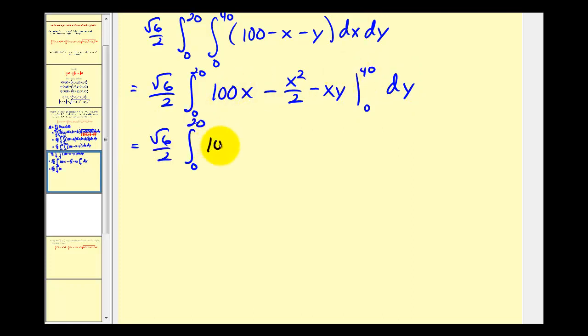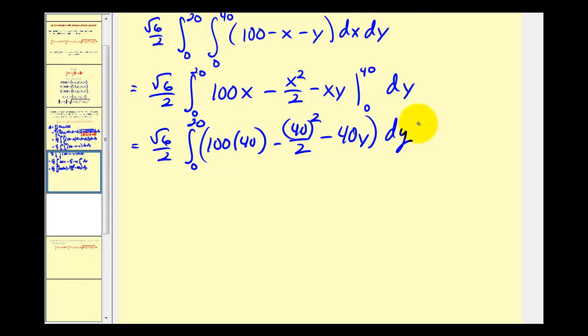So we'll have 100 times 40 minus 40 squared divided by 2 minus 40y. Well, 100 times 40, that's going to be 4,000 minus, this is going to be 1,600 divided by 2, which is 800. So 4,000 minus 800 is 3,200 minus 40y.